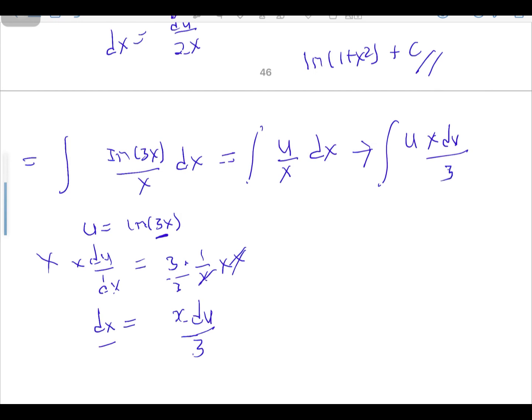Don't forget that there's an x here, and there's a common x inside, so they can cancel each other. At the end of the day, we are going to get the integral of u du over 3.